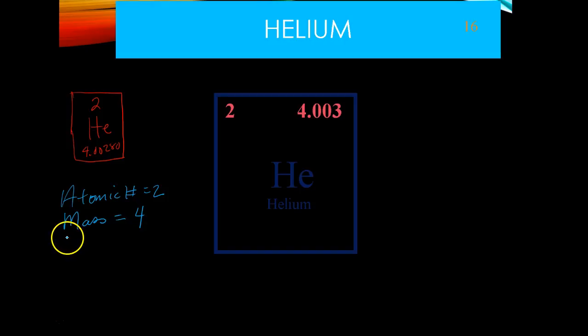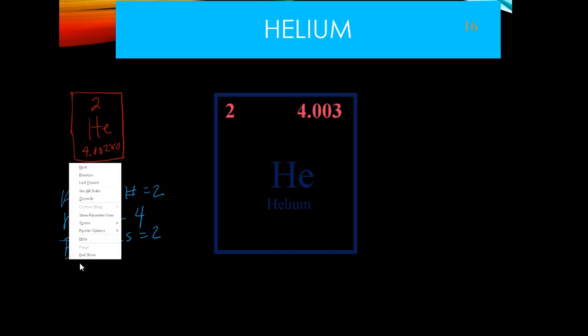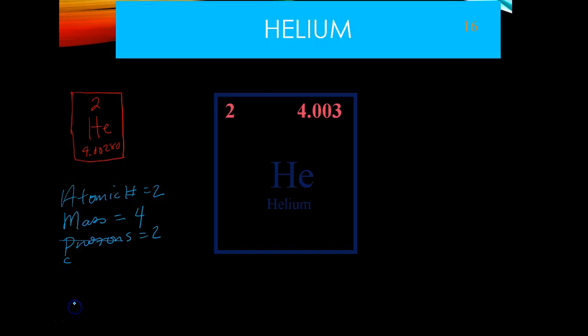The number of protons, because we get that from the atomic number, is equal to 2. Because we know that it's electrically neutral, the number of electrons is also equal to 2.